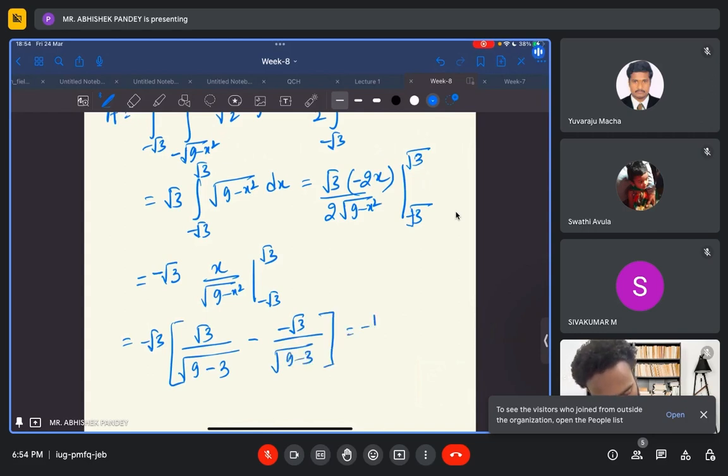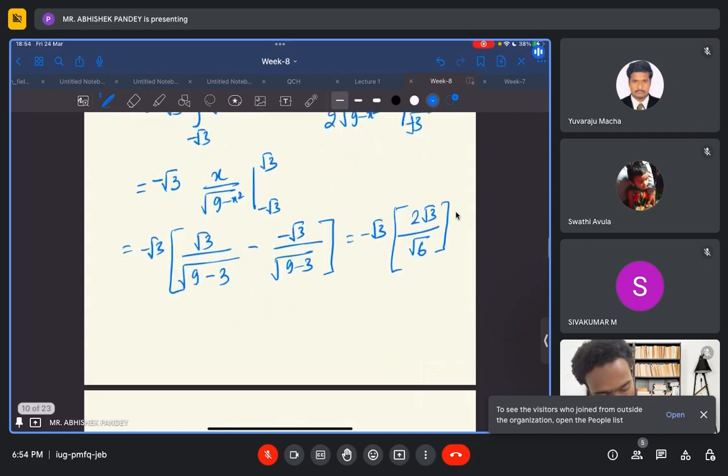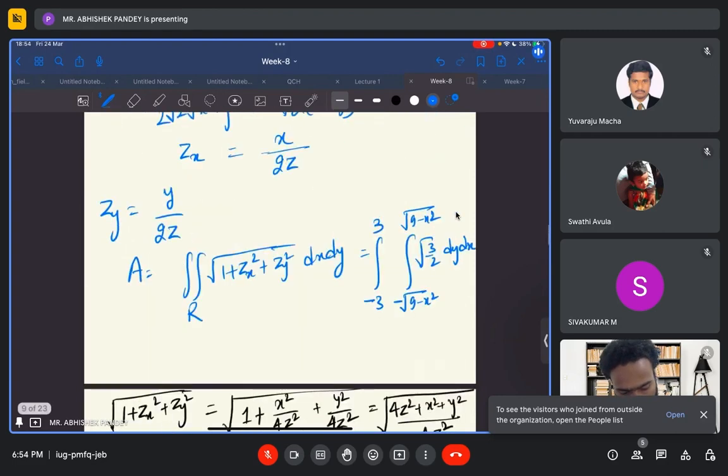So this is minus root 3. This is same. So this will be 2 root 3 upon root 6. Okay, so this is nothing but 6 by root 6. This is root 6. I hope this is clear.